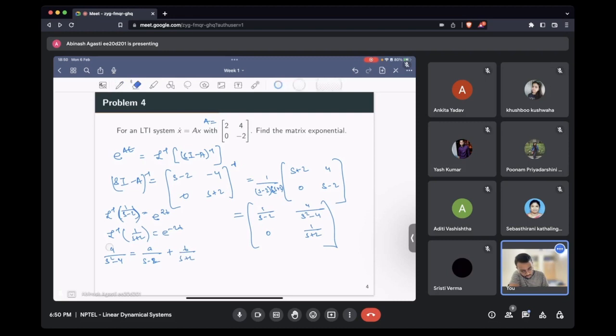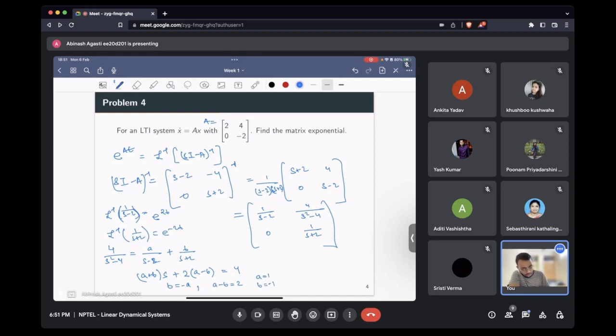Then we'll have A plus B equal to 0 and 2 into A minus B equal to 4. So that means B equal to minus A and A minus B equal to 2. So from this, it is clear that A equal to 1 and B equal to minus 1 is a solution.